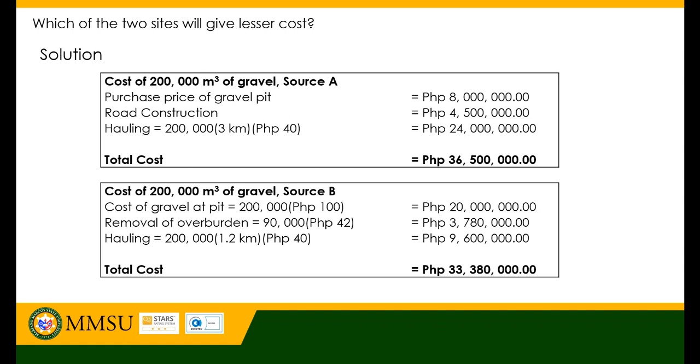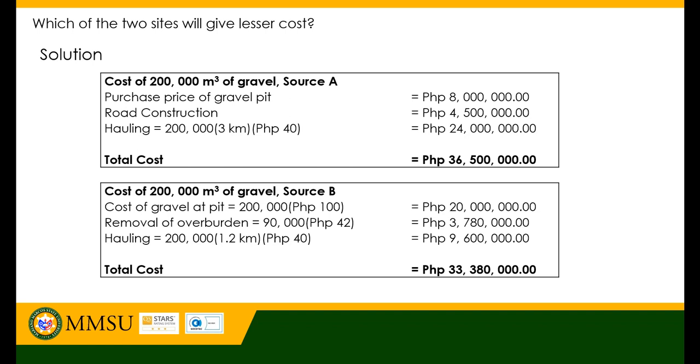The removal of overburden is 42 pesos per cubic meter and meron tayong 90,000 cubic meter na tatanggalin na overburden. So, that's 3,780,000. And yung hauling cost natin, mas malapit siya. It's 1.2 kilometers lang from the dump site.